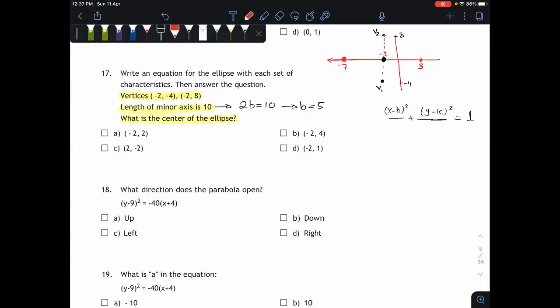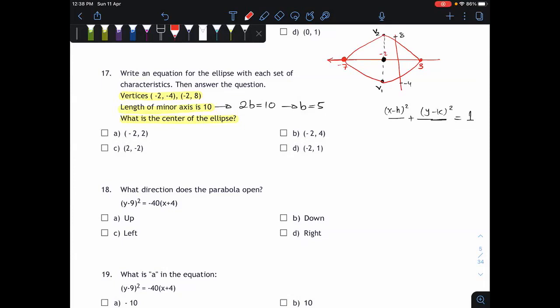Okay, and the ellipse will be like this. It's not drawn to scale, and not accurate. It should be vertical. Yes, the minor axis is 10 and the major axis is 12. Right? What's the distance between -4 and 8? 12.